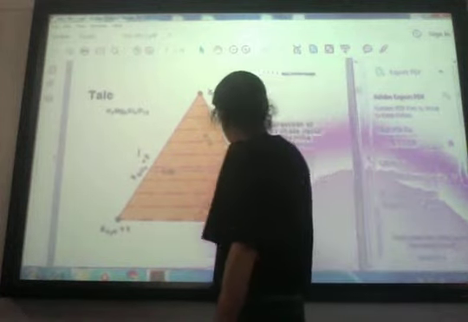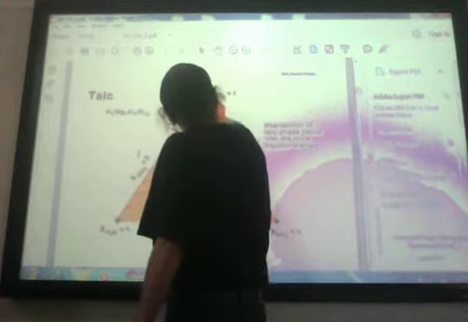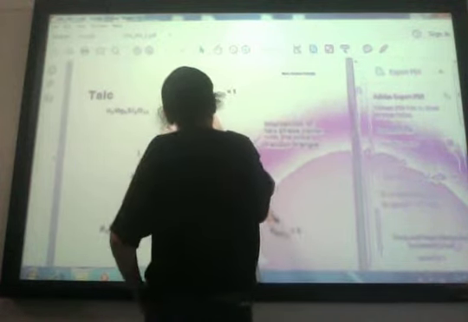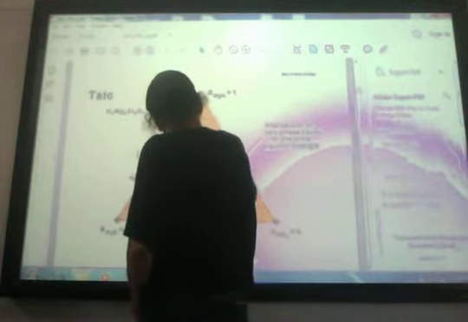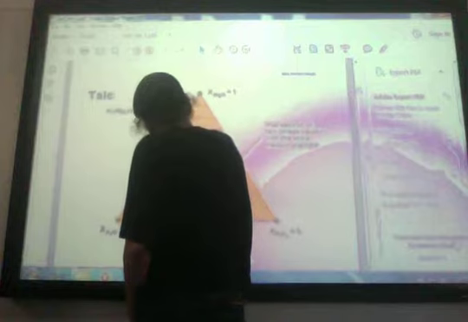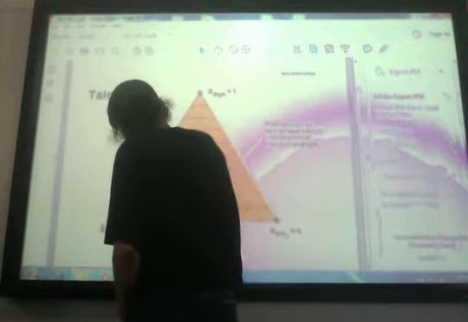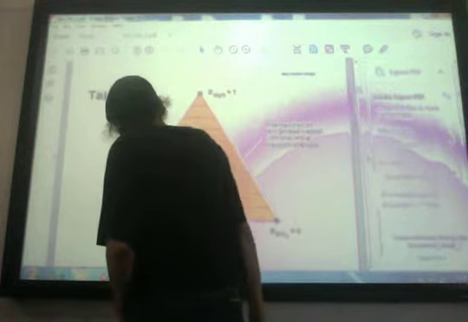Here the same for the XH2O. Along this line, XH2O is 0. Then we have 0.1, 0.2, 0.3, 0.4, 0.6, 0.7, 0.8, 0.9.